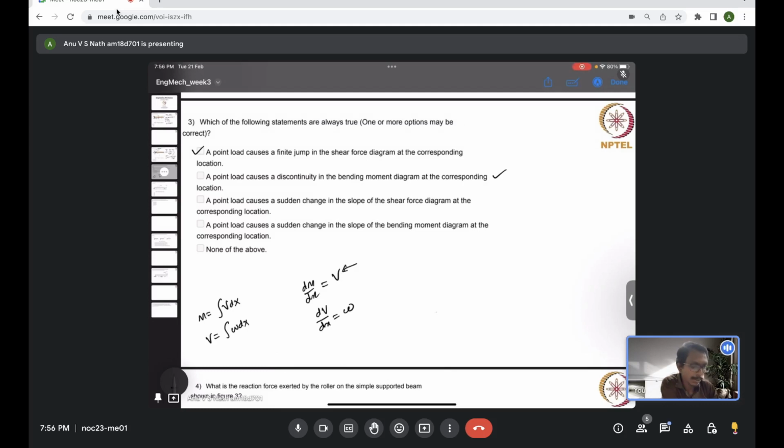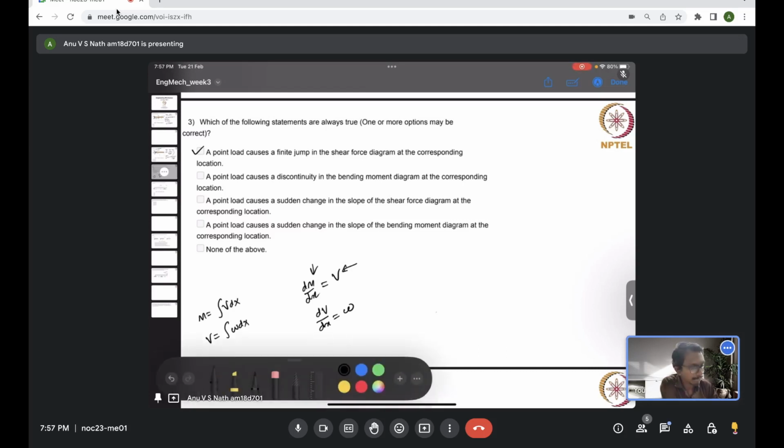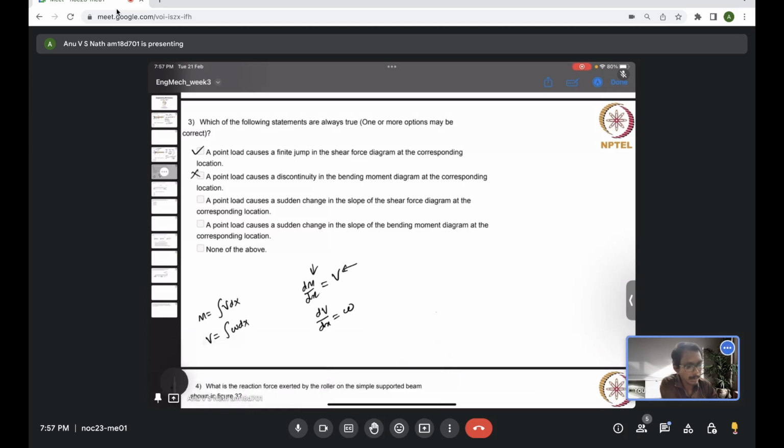If the discontinuity is present in the shear force, we can say the slope of the bending moment has a discontinuity. That doesn't mean the bending moment is discontinuous, just that its slope is discontinuous. The bending moment will still be continuous due to a point load. So according to that, option 2 is actually not correct.